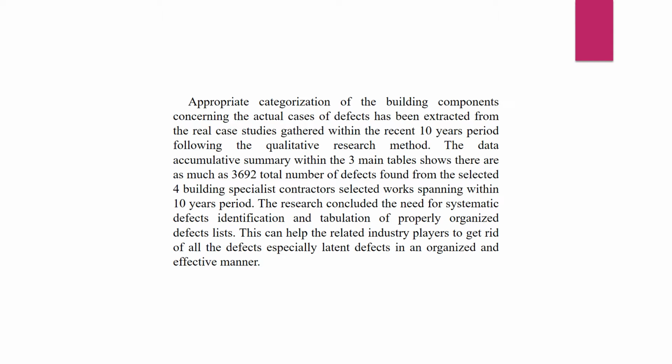The data will be presented in three main tables, and it shows about 3,700 total defects gathered from 4 SWC, Specialist Waterproofing Contractors, located on the west coast of Malaysia.